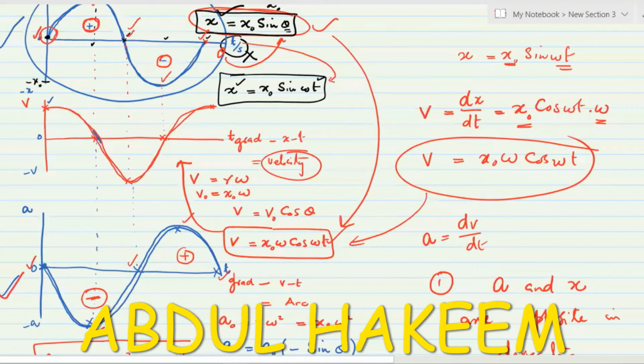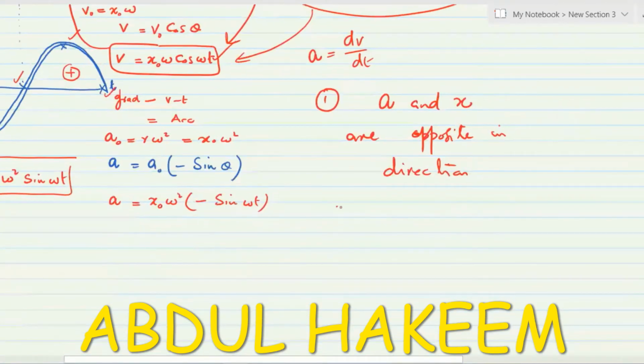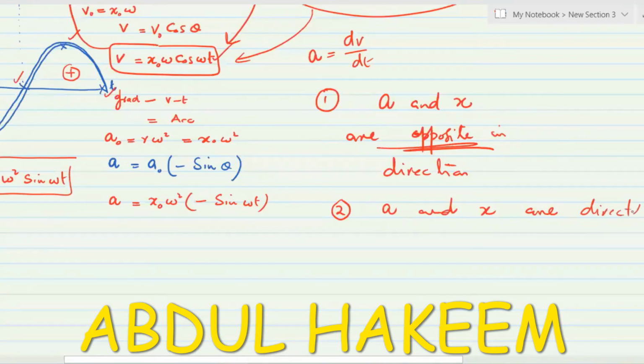So number 2, both are directly proportional to each other. Mean a and x are opposite in direction, but they are directly proportional to each other. These are the 2 conclusions.